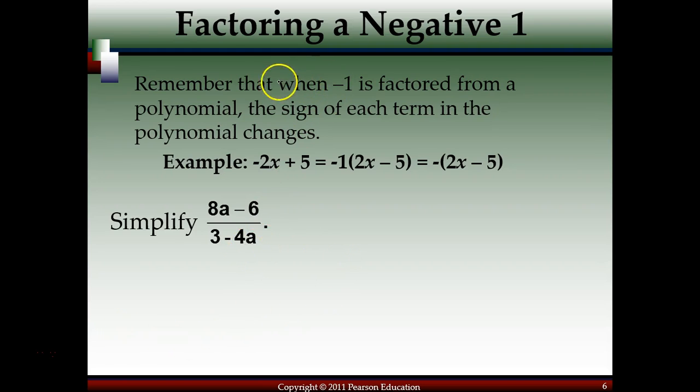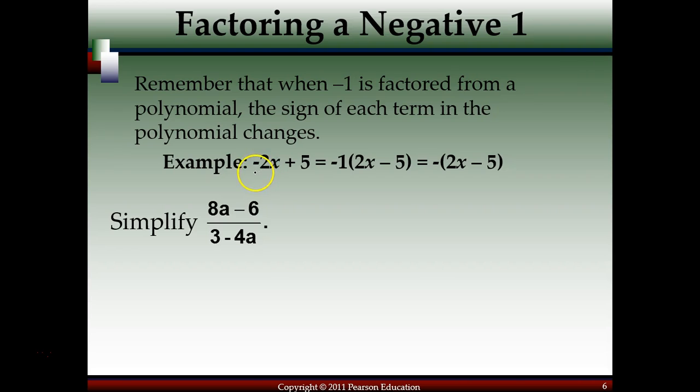So this slide right here is about factoring a negative 1. This is a possible thing that you will have to do in your homework and other material that we go over, factoring out a negative 1, so we can completely factor and reduce the rational expression as much as possible. Here is a small example of factoring out a negative.